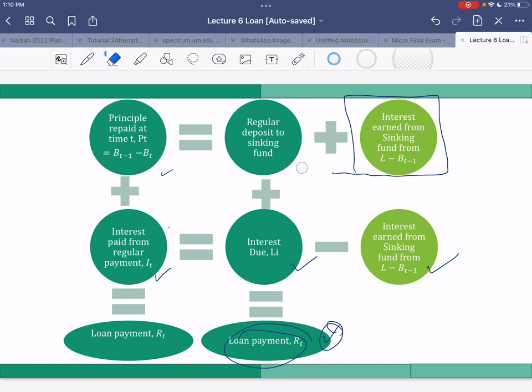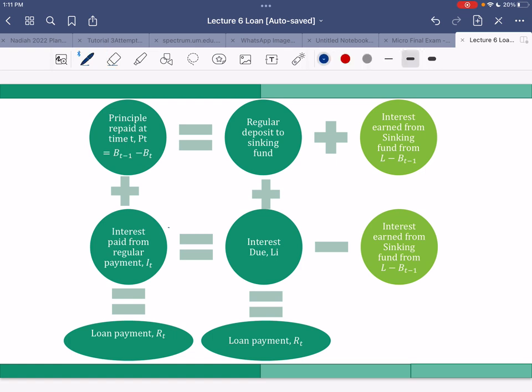So this is the relationship. You can look at it closely, and you will understand it when you do the sinking fund loan amortization later. You will mainly use this relationship to find I_t, B_t, and P_t.